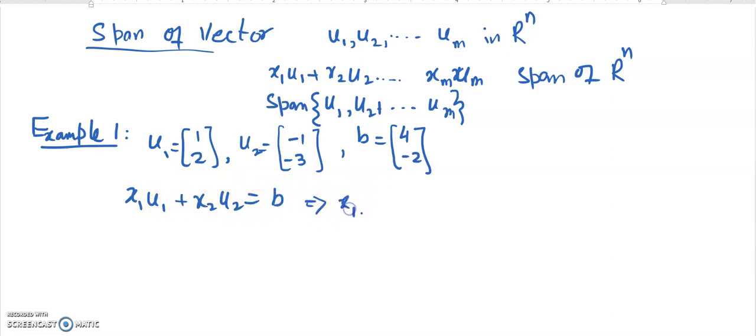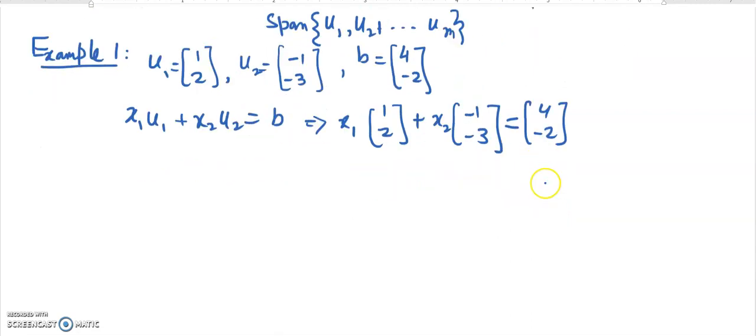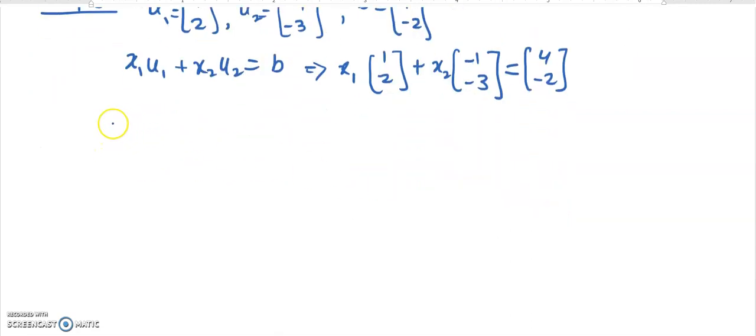So x1 times (1, 2) plus x2 times (-1, -3) will be equal to b, which is (4, -2). This converts into the system of equations: x1 minus x2 is equal to 4, and 2x1 minus 3x2 is equal to -2.